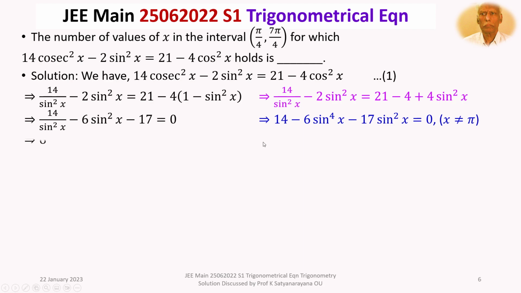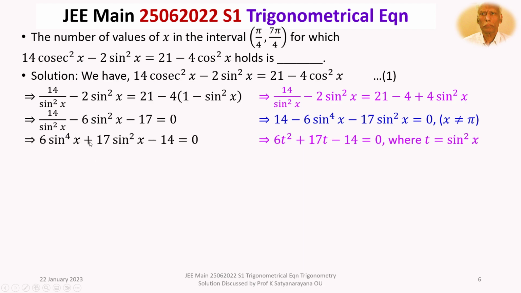Now, reorganize the terms, we get 6 sin power 4x plus 17 sin square x minus 14 is equal to 0. Put t is equal to sin square x. Then you will get 6t square plus 17t minus 14 is equal to 0, where t is sin square x.